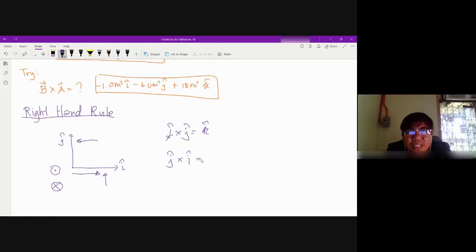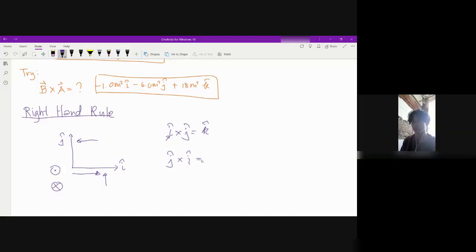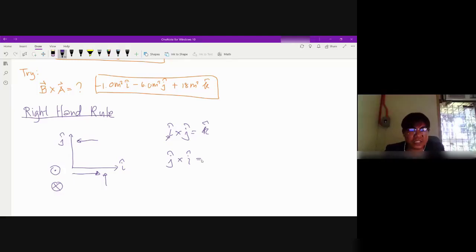Bali sa screen, kay naa ko sketch sa J hat og sa I hat. Okay, makita nimo ni nga sketch, di ba? Oo, sir. Okay. So now, akong ipabuhat sa imo is ang J hat cross I hat.